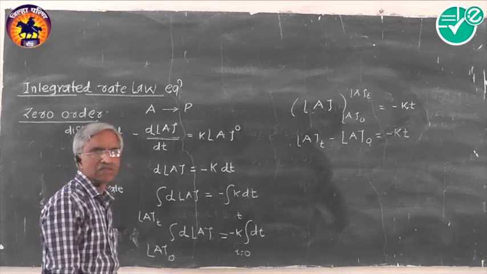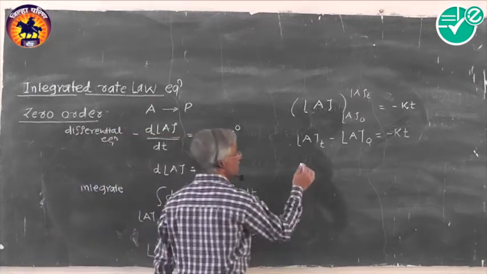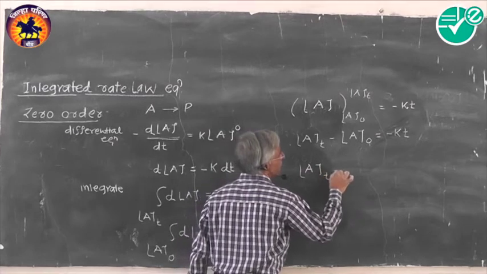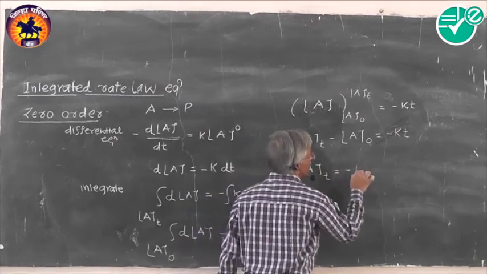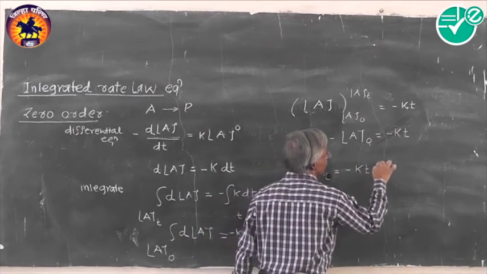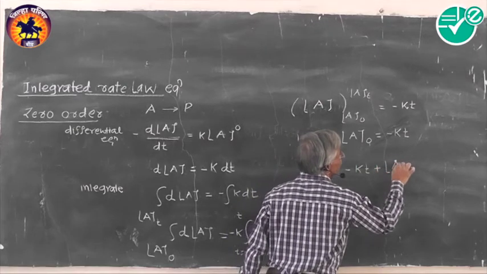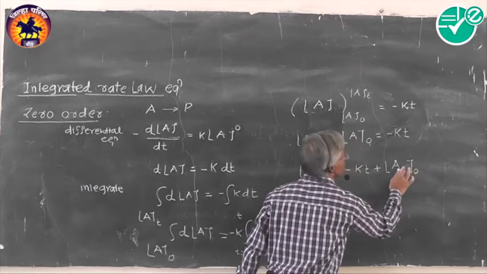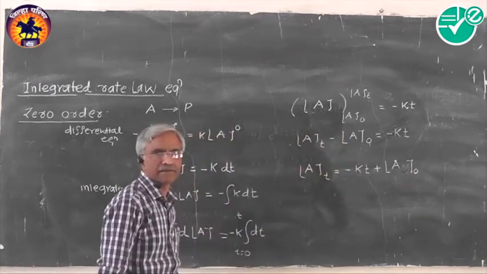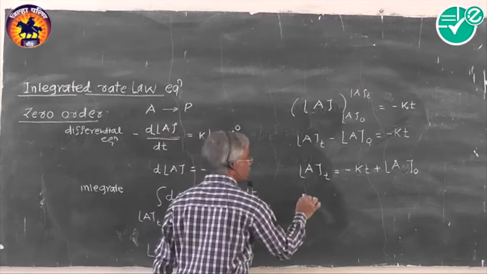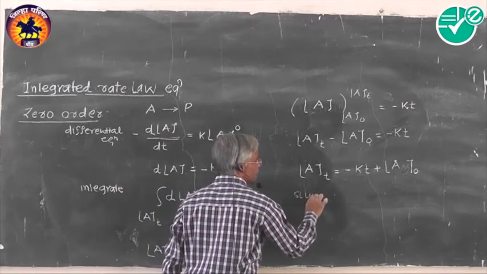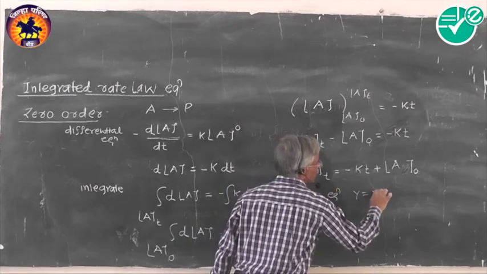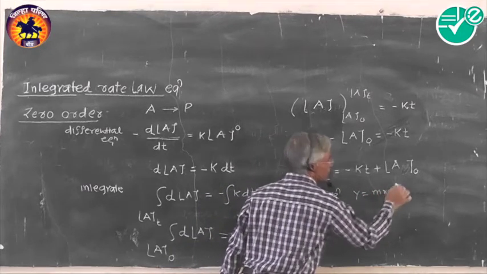We will write this equation in the form of a straight line for our further graphical study. At will be equal to minus kt plus A0, initial concentration of the reactant. Now this can be compared with a straight line equation y equal to mx plus c.